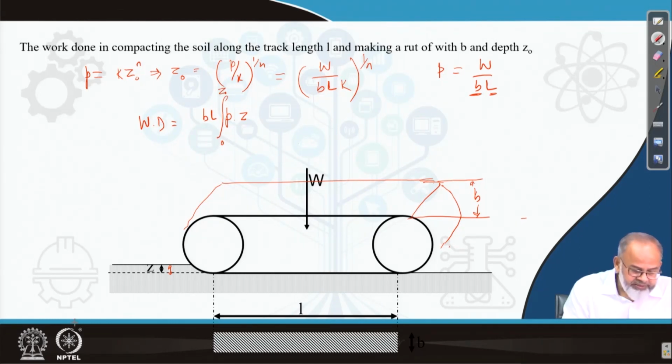If z0 is the maximum sinkage, then we have to integrate it from 0 to z0. So this becomes B into L, instead of P I can write kz to the power n, into dz.